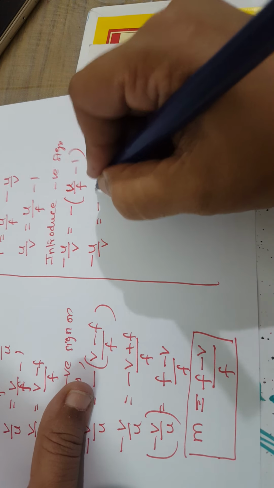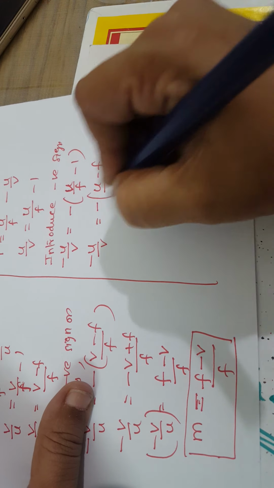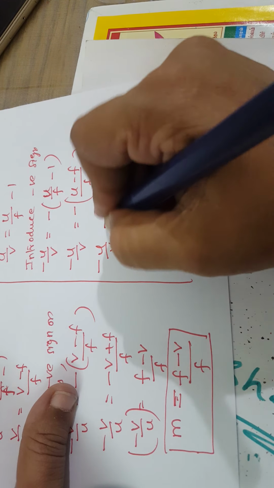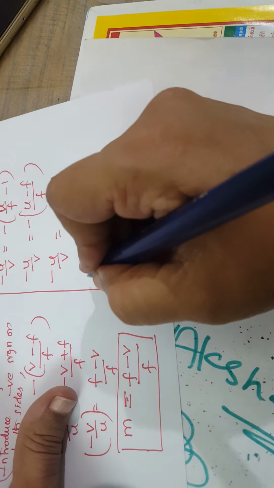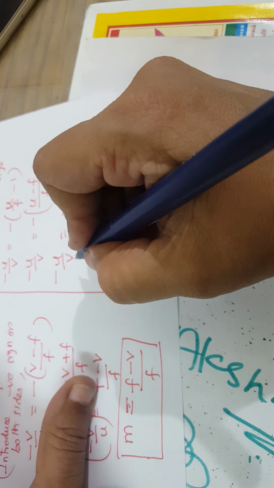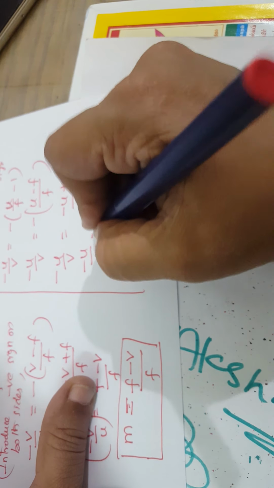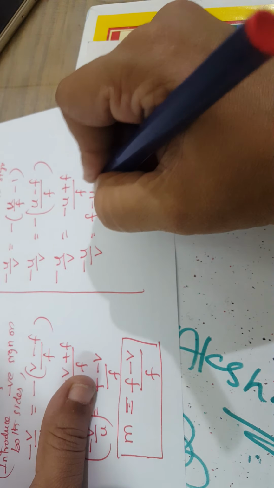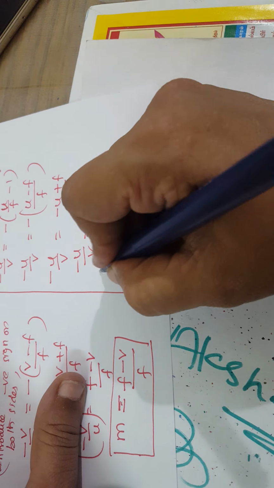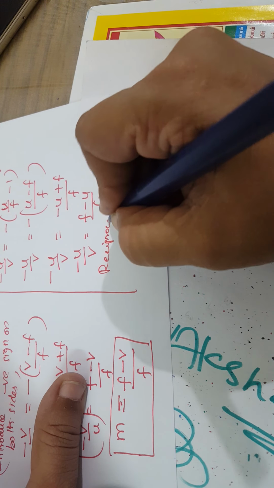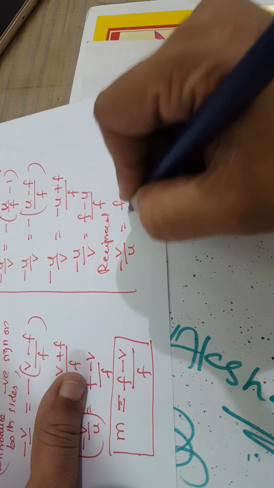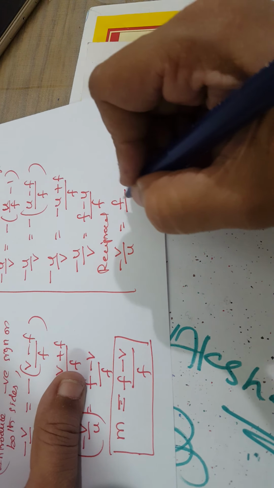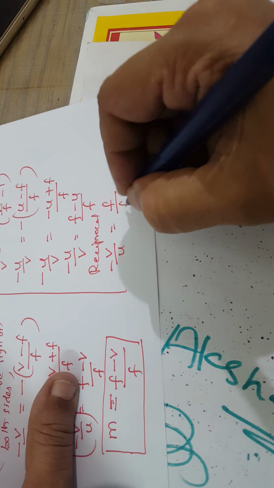Before that we will take LCM, children, by f. Now you take the negative sign inside: minus u plus f by f. Minus u by v is equal to f minus u by f. So now you can take the reciprocal. So v by u is equal to, in reciprocal form, f by f minus u.